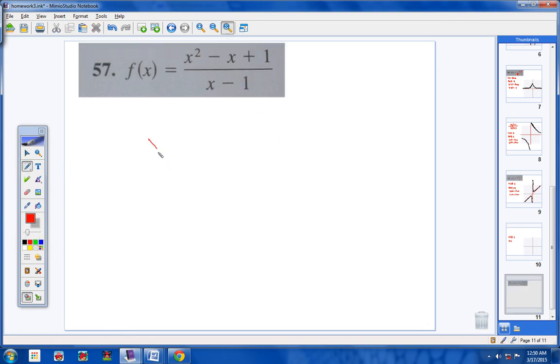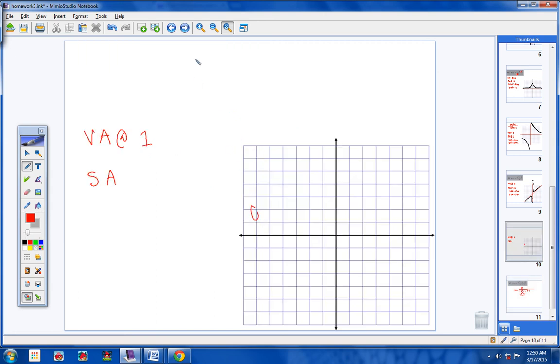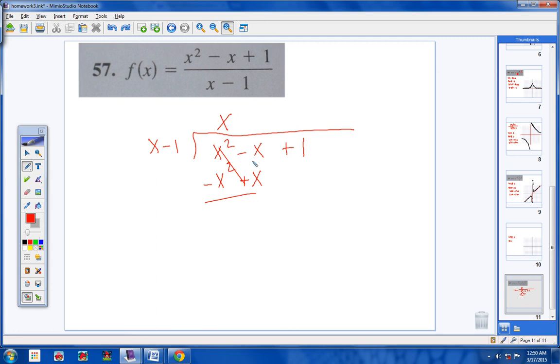So x minus 1 divided into x squared minus x plus 1. X goes into x squared, x times. Take your x and multiply it. Change your signs. These all cancel. Bring down your positive 1. X will not go into 1.